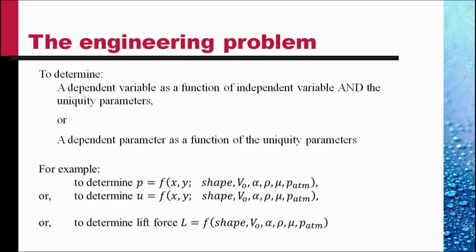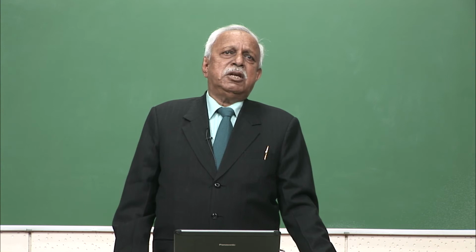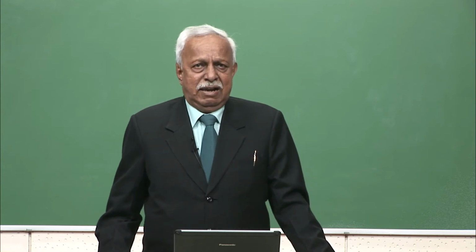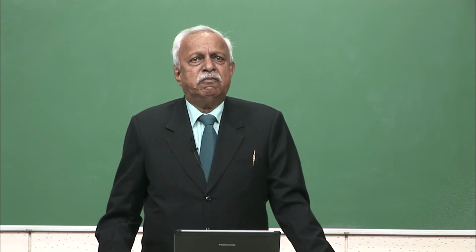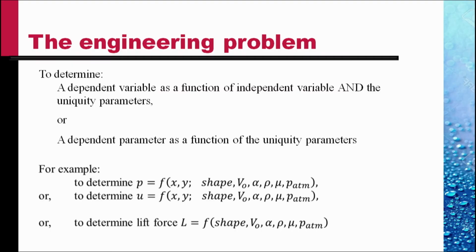Or we could have the x component of velocity u, which would be a function of the same quantities, independent variables as well as independent parameters. Or we could have a problem in which we want to determine lift force L, and now this would be a function only of the uniquity parameters, the independent parameters, and not of the independent variables.